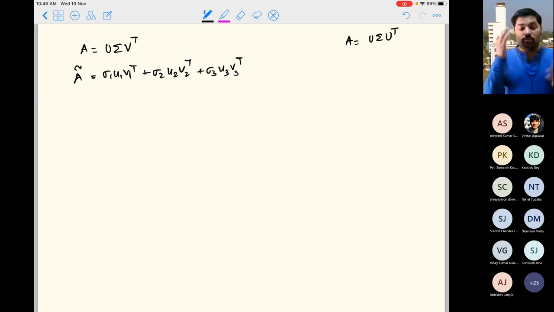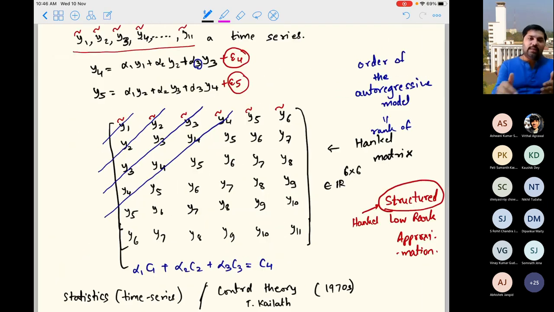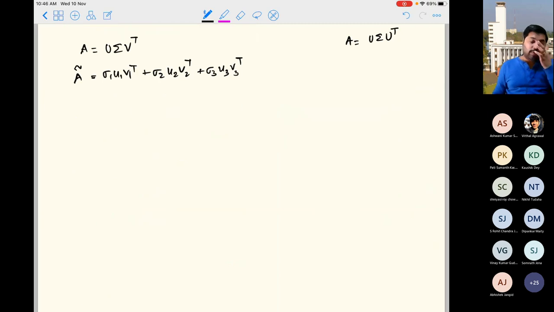because for a symmetric matrix, the singular value decomposition looks like U sigma U transpose. Okay, so because of symmetry, it looks like this. And once you have this structure, then you have sigma 1 U1 U1 transpose plus sigma 2 U2 U2 transpose. Then obviously the low rank approximation that you obtain from SVD for a symmetric matrix is symmetric, but a Hankel matrix is what you start with. So this is the Hankel matrix that you started with. You find the singular value decomposition U sigma V transpose.